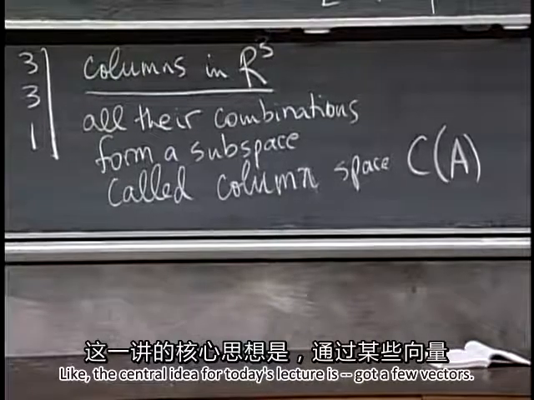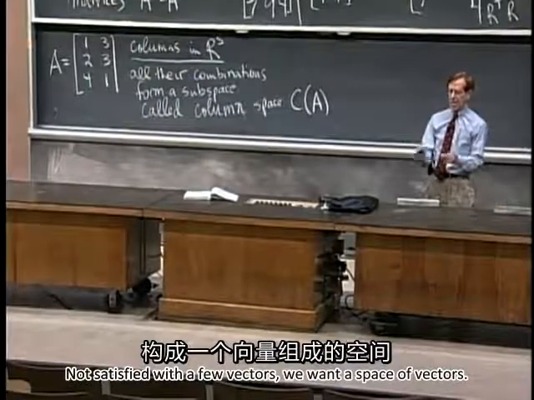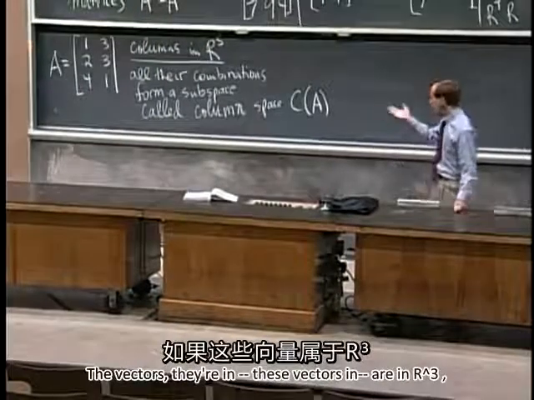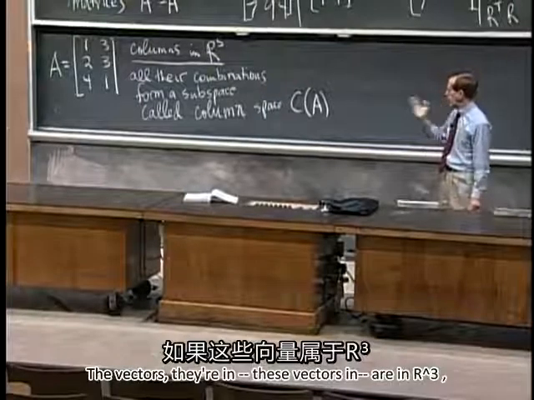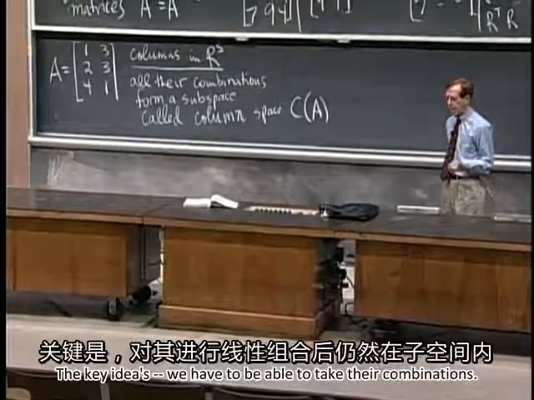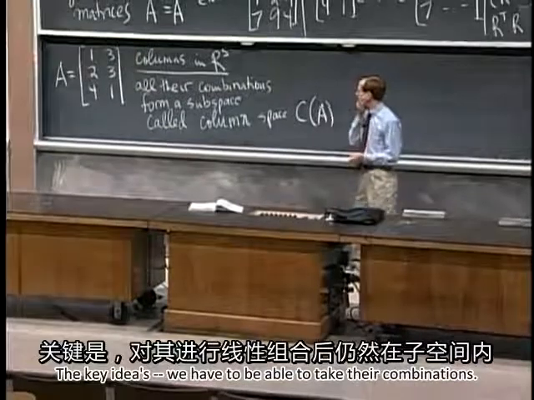It's got a few vectors. Not satisfied with a few vectors, we want a space of vectors. These vectors are in R3, so our space of vectors will be vectors in R3. The key idea is we have to be able to take their combinations.